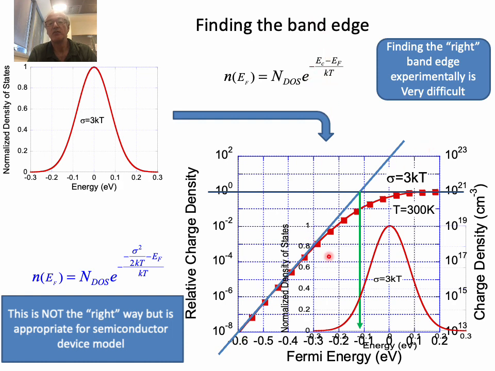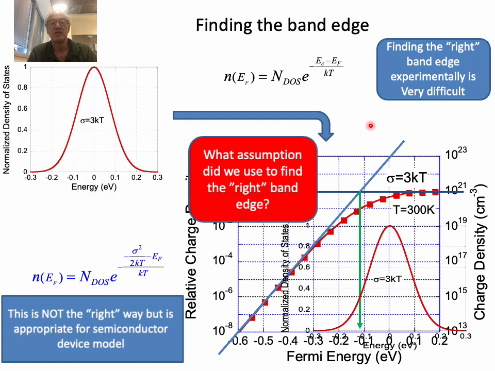Of course, mathematically or graphically it's easy, but if you are doing experiments and you want to find the band edge, it's extremely difficult, and it's very hard to find anything truly reliable in this context when we are talking about organic electronics. As always, we've also had one assumption here at least in order to define this right or effective band edge, and I leave it to you to find it.